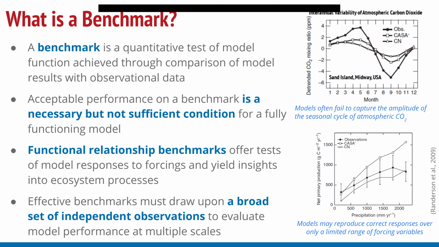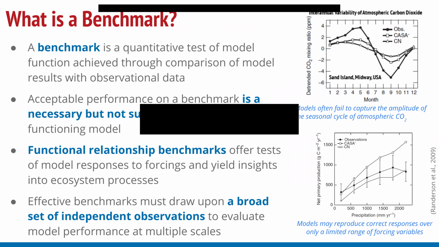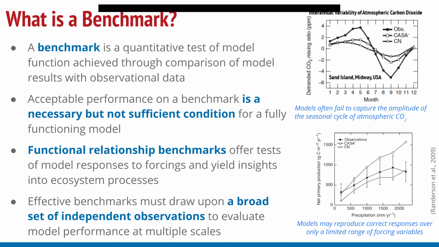And then functional relationship benchmarks offer tests of model responses to forcings and yield insights into ecosystem processes themselves. So in the figure on the bottom right, we see net primary production shown as a histogram plotted against precipitation. And so we have this information from observations as well as from these two model results. And what we want to see is if the shape of this curve from the model results matches the shape that we see in the observations.